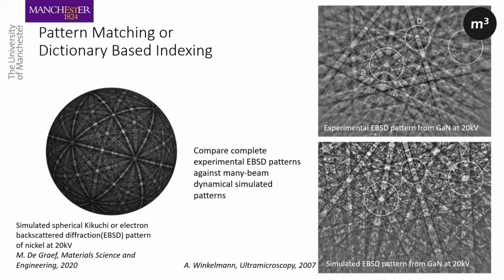And then on the right-hand side, the bottom image shows a simulated EBSD pattern from gallium nitride at 20 kV, and the same orientation of experimental gallium nitride at 20 kV. You can see the similarities. And so you can use this to get really high angular resolution EBSD analysis, and sometimes also extract more from a pattern if it's a poor pattern quality.